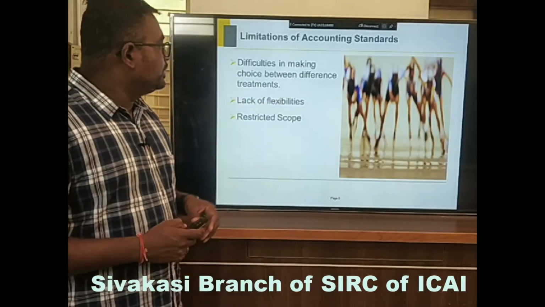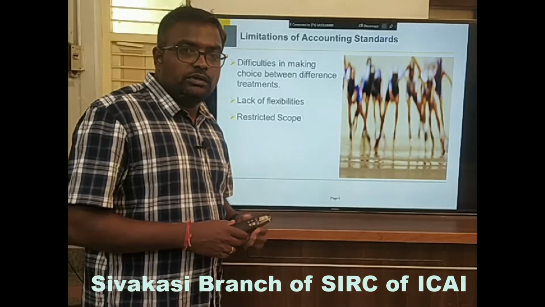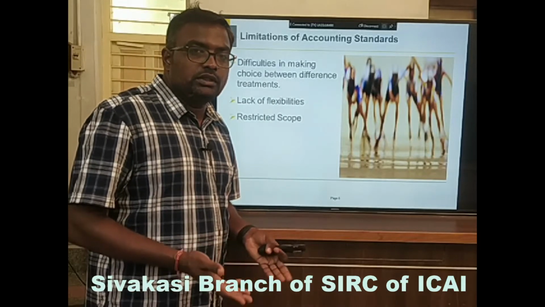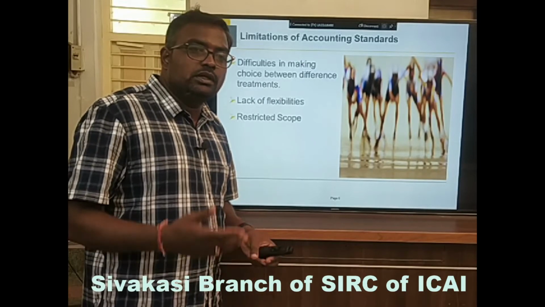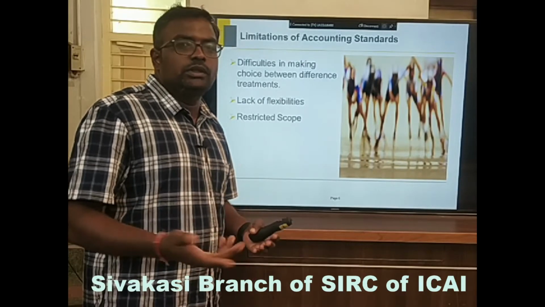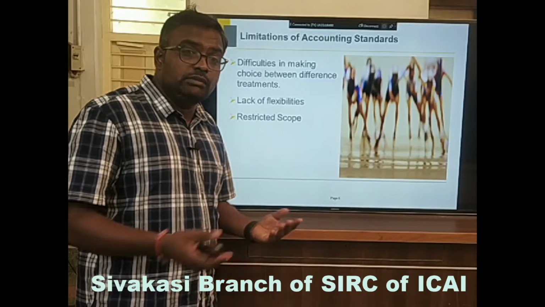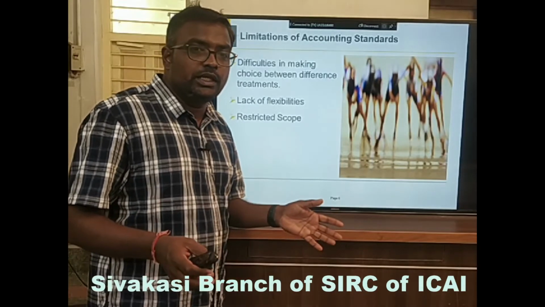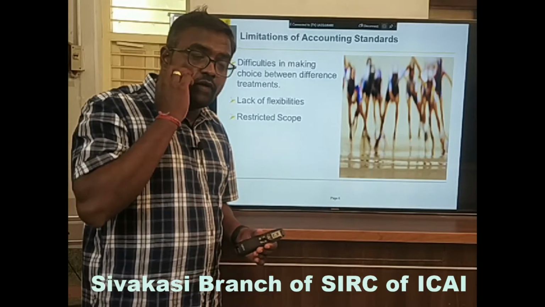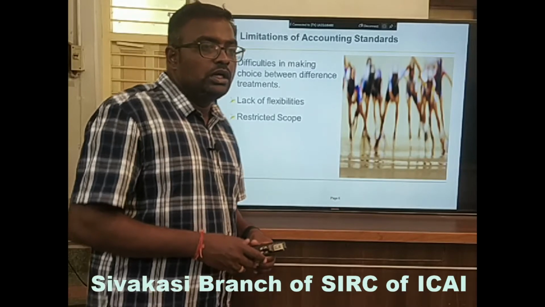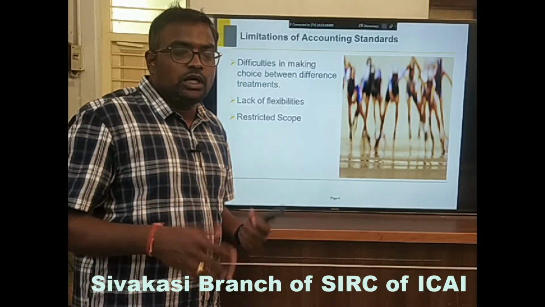So some of the limitations or difficulty in making choices: say for example we are in Sivakasi, so we have a cracker industry which operates mainly only in 2 months towards Diwali, whereas in the other months they are not in operation or have very minimal operations. So if you ask a fireworks industry to have a depreciation policy, how do they charge depreciation?